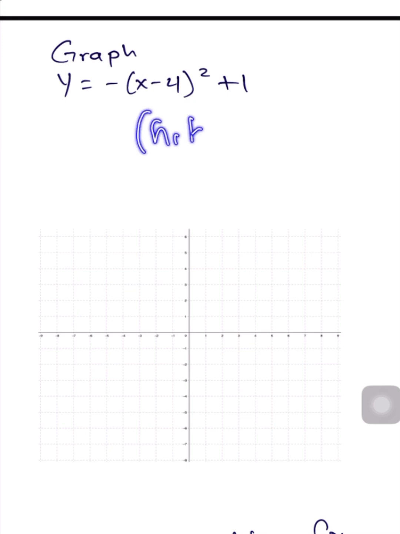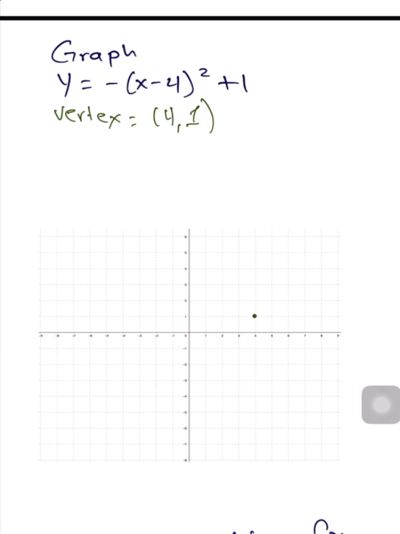So for us, our h would be 4, right? Because it's in parentheses, you take the opposite sign. So 4, and the k would be the plus 1. So our vertex is going to be at 4, 1.